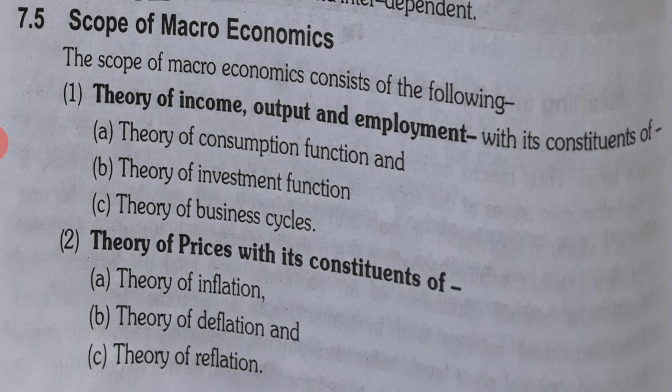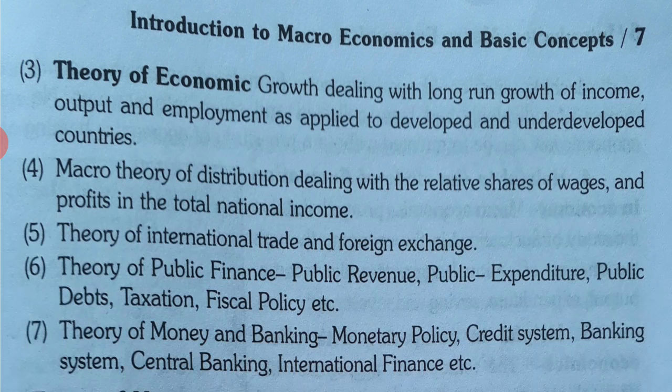And second is the theory of price, which comprises inflation, deflation and reflation. Inflation means rising prices, deflation means prices falling, the time of recession, and reflation means the corrective measures.